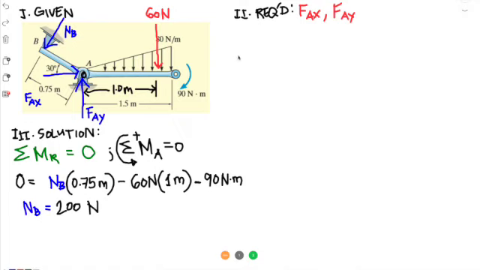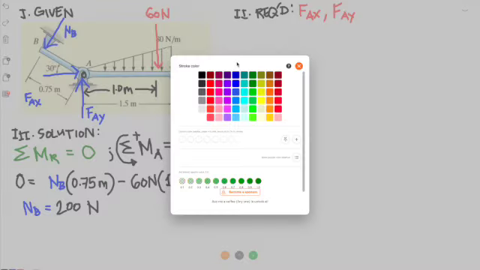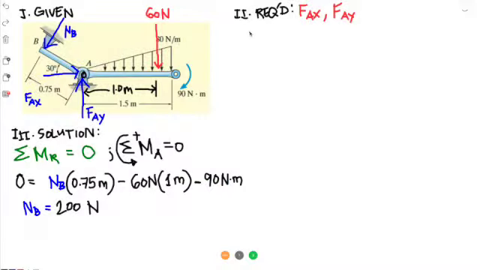So what do we need to do? It's easier to find AX since we just need to do a summation of forces in X. So the summation of forces in x should be equal to 0.